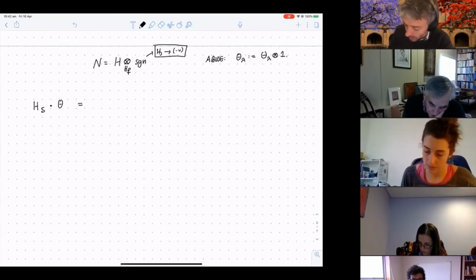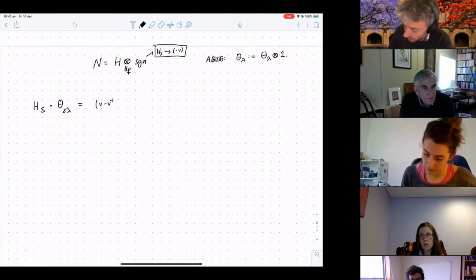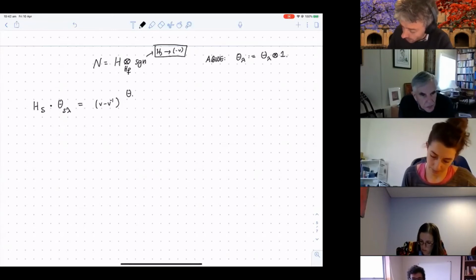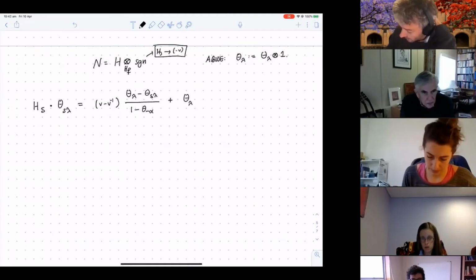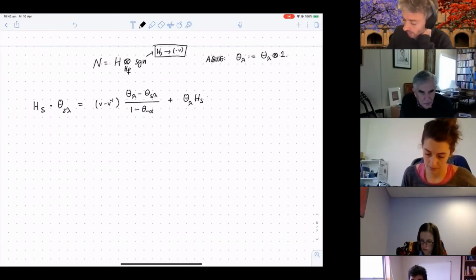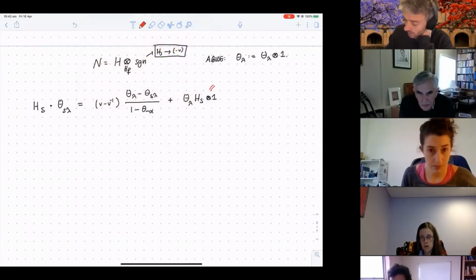So it'll be convenient to work out how it acts on S lambda first. So we're using the Bernstein relation. Plus, and then we get, but really this means tensor 1, so this thing here is equal to minus V times theta lambda.